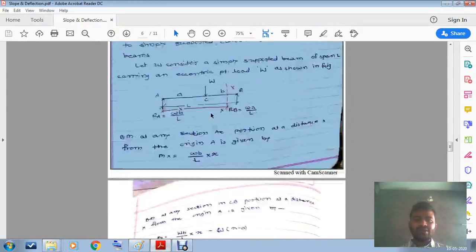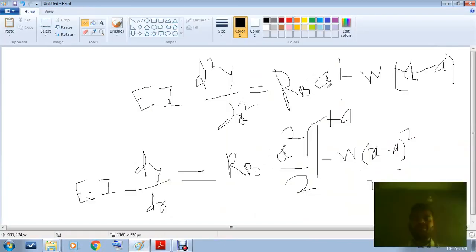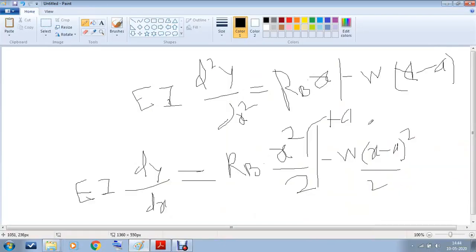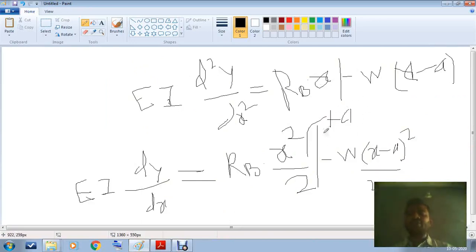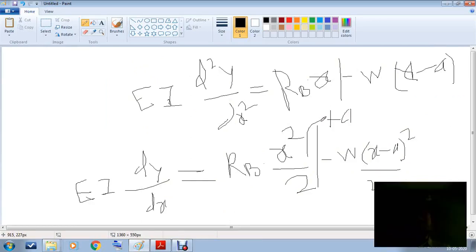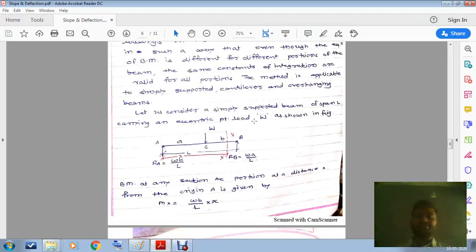If the section is on the left hand side of the point load, it is valid, and if the section is on the right hand side of the point load, again it is valid. This is why this method is very useful: the constant is applicable for the section wherever it lies.